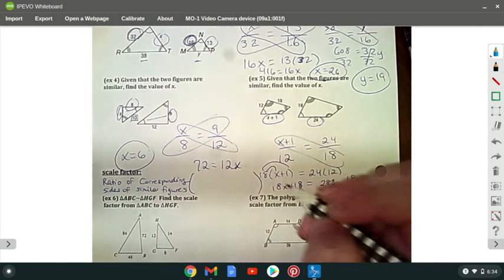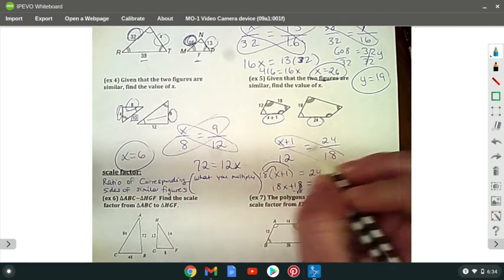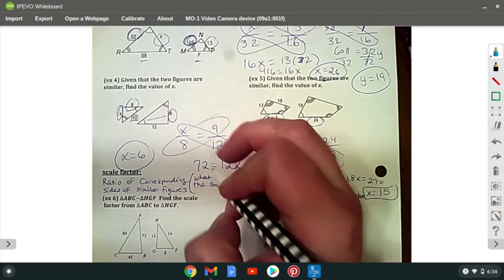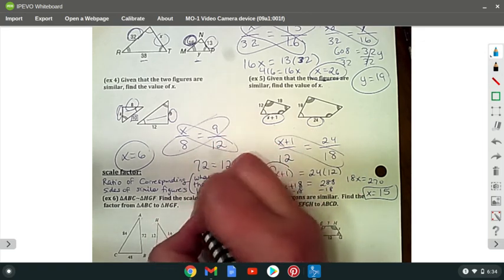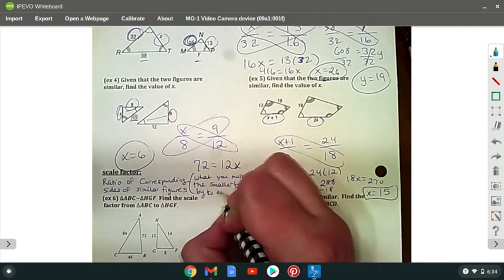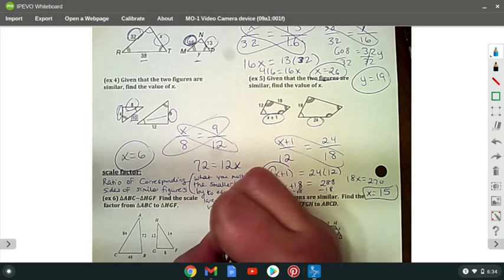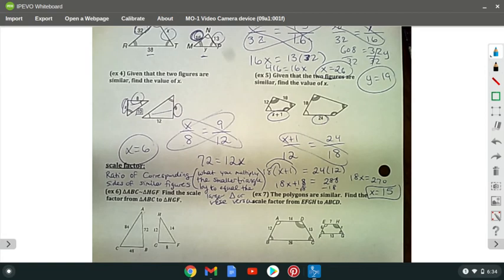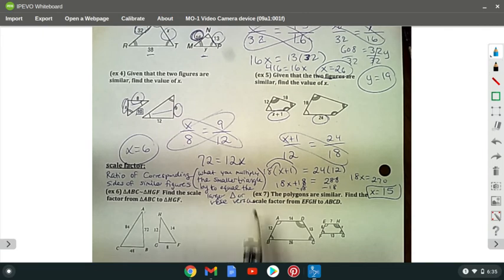In easier terms, it's what you multiply the smaller triangle by to equal the larger triangle, or vice versa. Because you can have a scale factor that takes you from big to small or small to big. So what you multiply the smaller triangle by to equal the larger triangle, or vice versa.